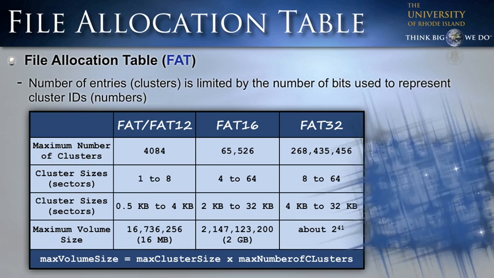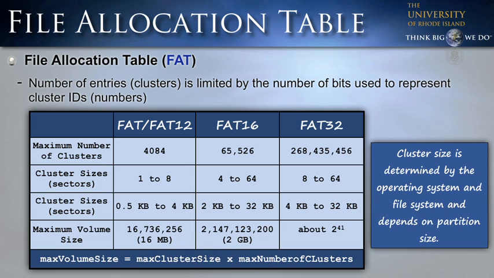The size of a disk or volume is limited and is based on the number of bits that are used to represent the cluster number in the file allocation table and the number of sectors in a cluster. For example, FAT16 uses 16 bits to represent a cluster number, so it can manage just over 65,000 clusters. The largest cluster size allowed in FAT16 is 64 sectors, or 32 kilobytes.